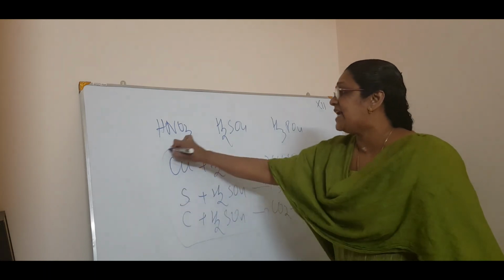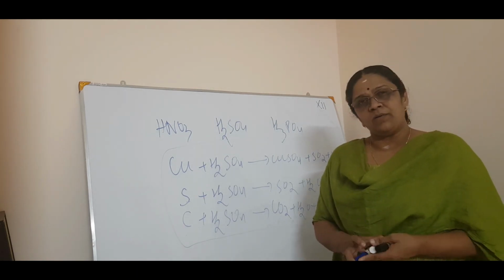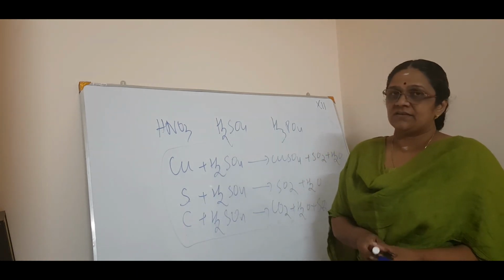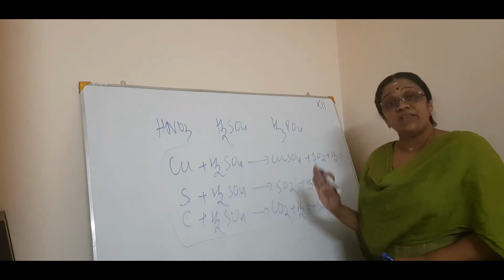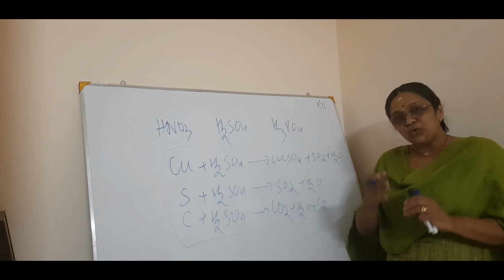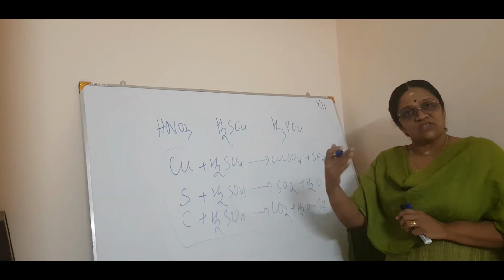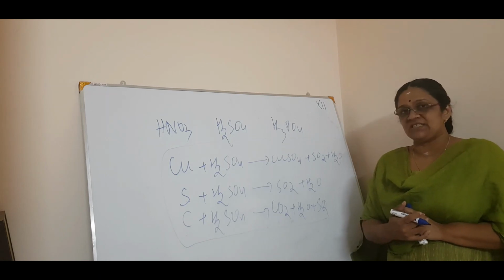So these are examples of sulfuric acid acting as a moderate oxidizing agent. Okay, that's all with sulfuric acid and the group 16 elements. So group 16 is also over. Just prepare the notes. Now we will pass on to the next session, group 17, in the next class.